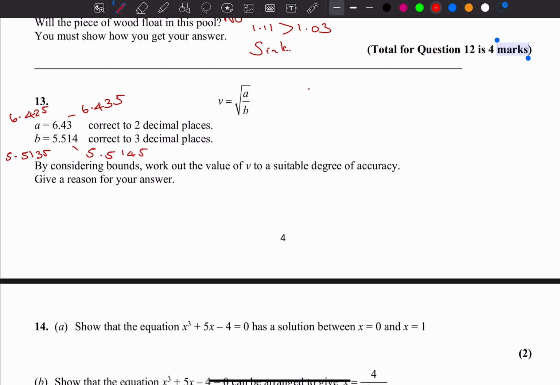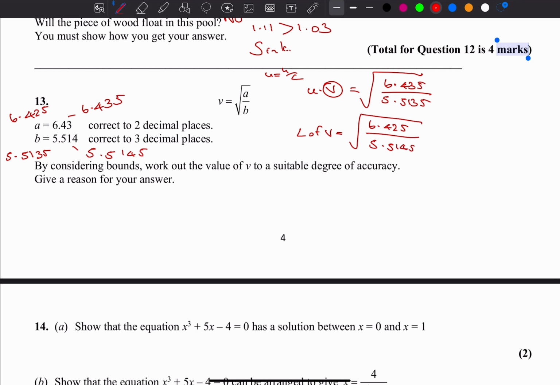So if you want upper bound of V, remember upper bound is basically upper divided by lower, square root of. Upper is 6.435 over lower 5.5135, and the other one, lower bound of V is the opposite, isn't it? Lower divided by upper. 6.425 over 5.5145.